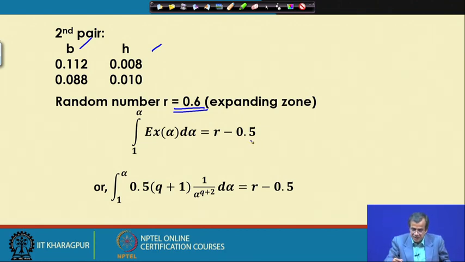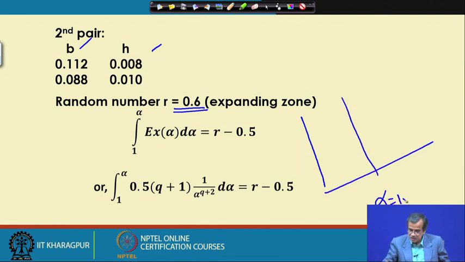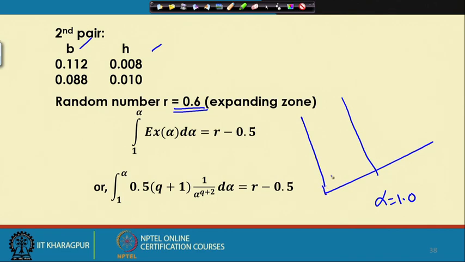Now, if you remember once again this particular expression, let me draw it once again. So, this is corresponding to alpha equals 1.0 and corresponding to a value of q. This is the contracting zone and this is the expanding zone. So, up to this the area is 0.5 and this will give the remaining 0.5, the total is actually 1.0.